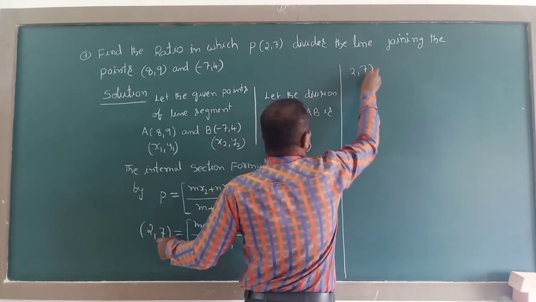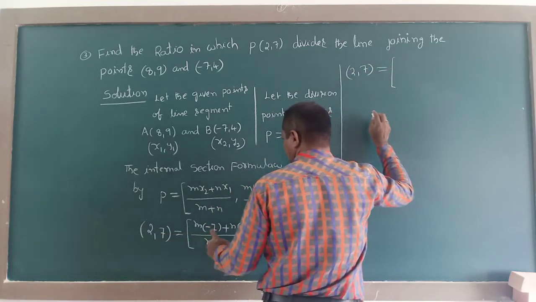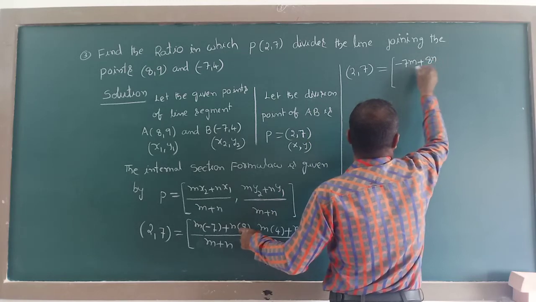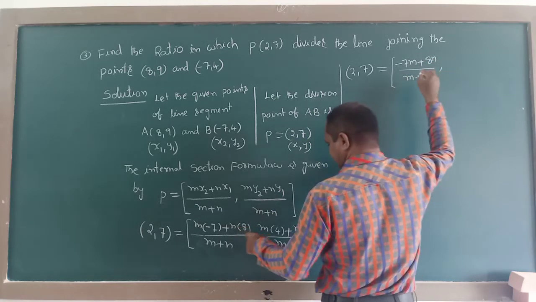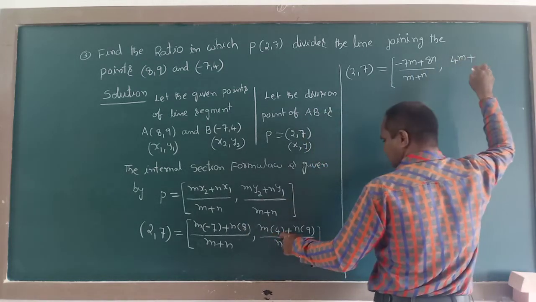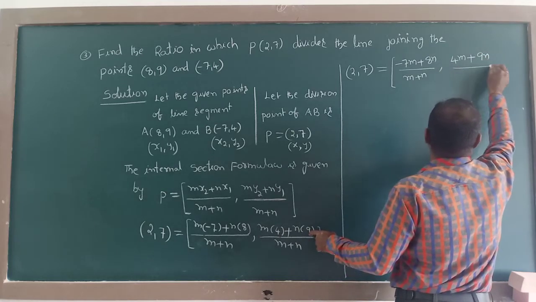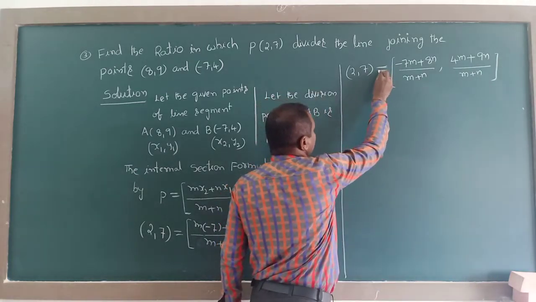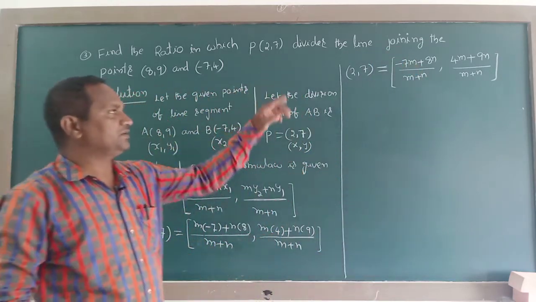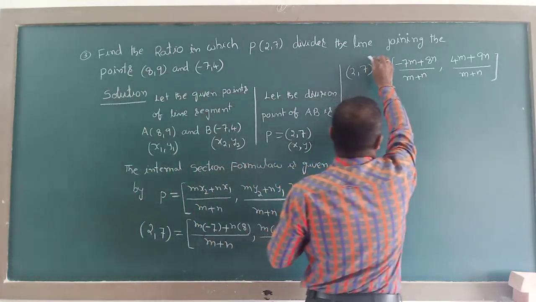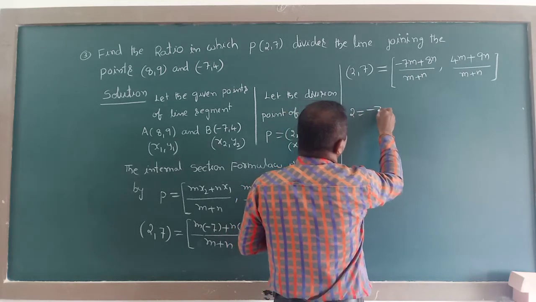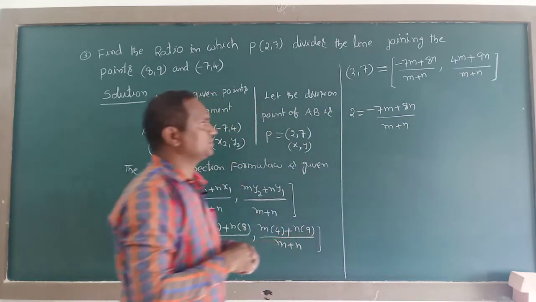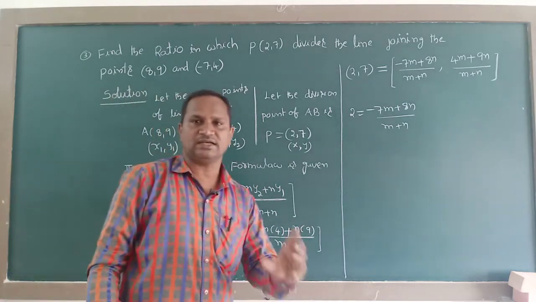So (2, 7) = ((-7m + 8n)/(m + n), (4m + 9n)/(m + n)). Equate the first coordinates and the second coordinates.